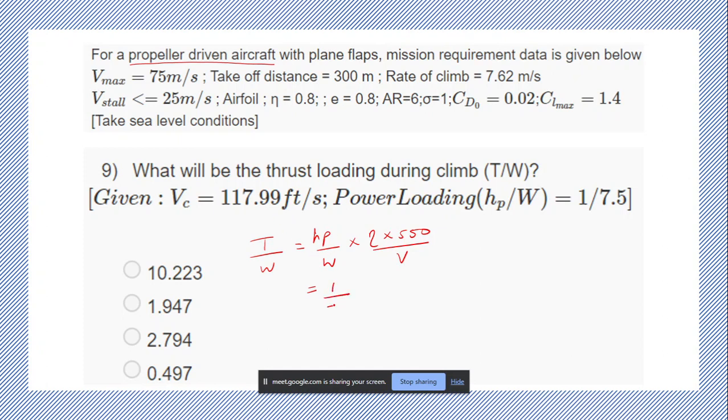So it will be 1 by 7.5 into eta is 0.8 into 550 and Vc is 117.99. What will be the value? I'm getting 0.49. Is that the right answer? Is everyone getting that?